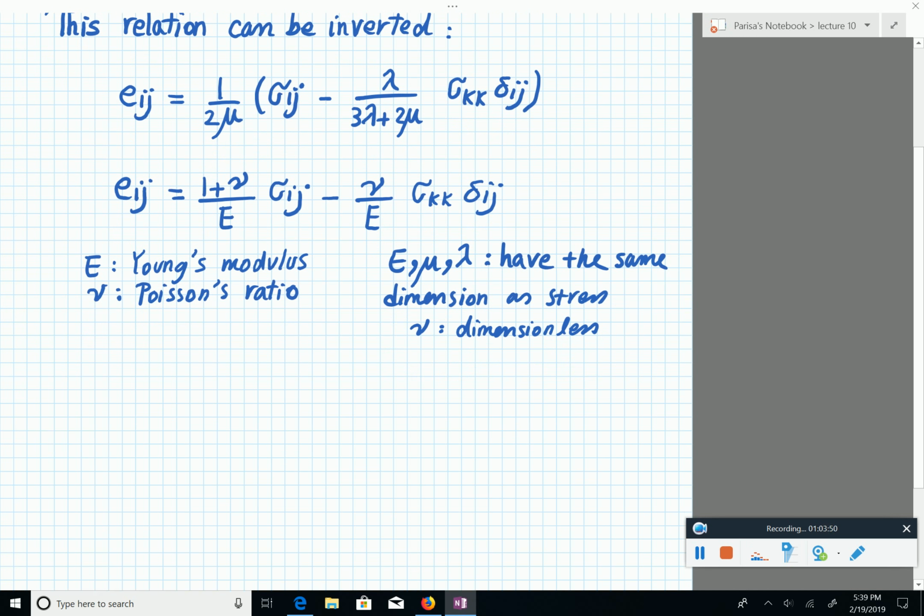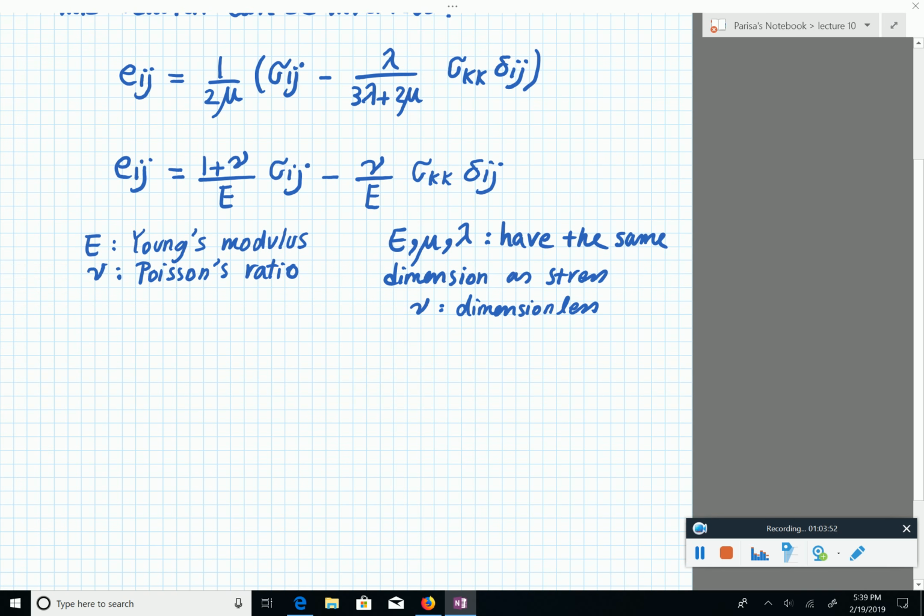And of course there is a relationship between these two sets of parameters. I'm trying not to make a mistake here. Because we have two independent parameters, we can use either combination.